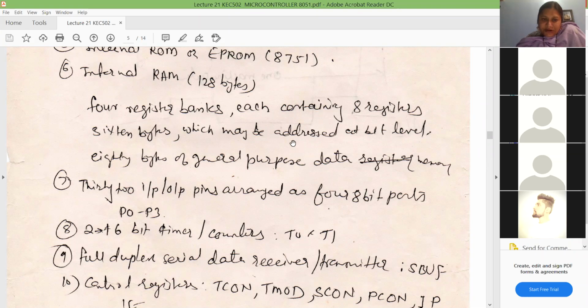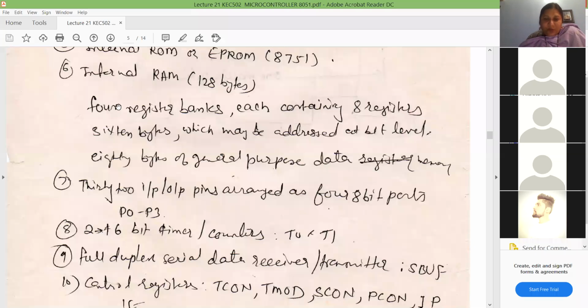Is the question clear now? 128. Yes, 16 into 8, that is 128. So that means 128 bits are available for you which you can address as a single bit.